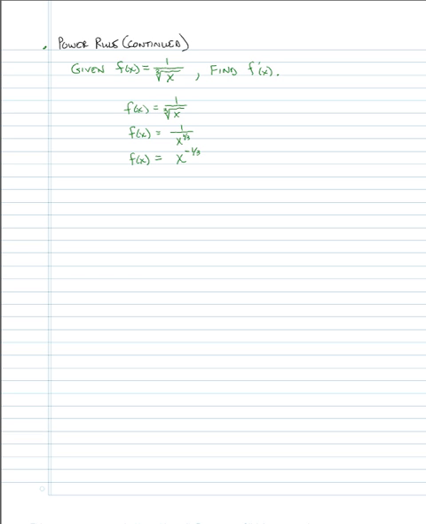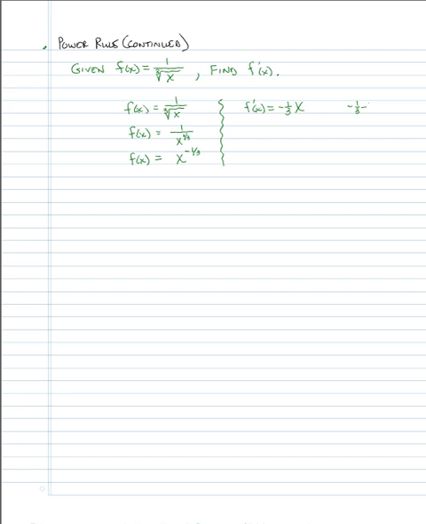Now we finally have f of x written as x to a power. It is now that we're worried about finding the derivative. We've done all that work, and now we can use the power rule directly. We bring that negative 1/3 fraction or exponent in front of the x, and so we write x to a new power, but we have to calculate that new power.